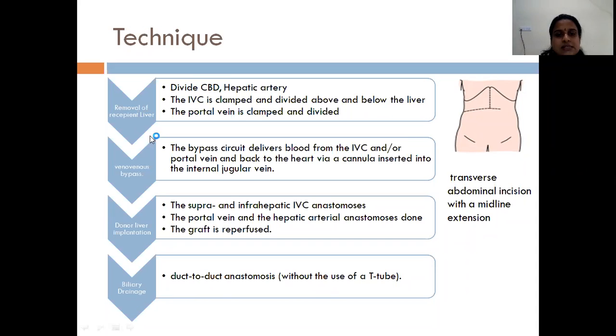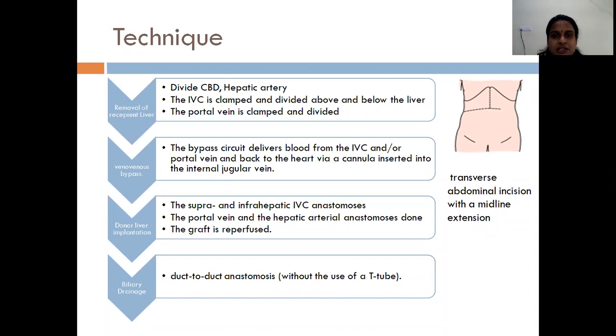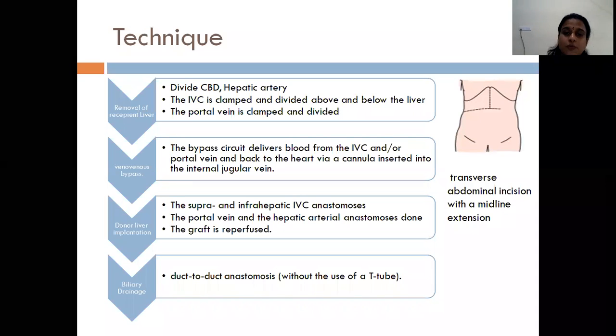Okay. So these are the steps in performing the surgical technique of liver transplantation in the host. I hope I'm clear.